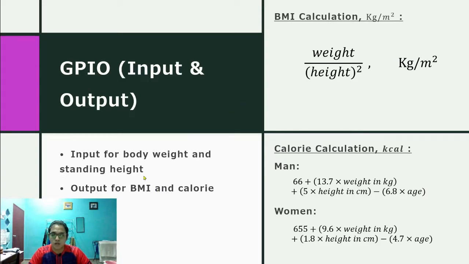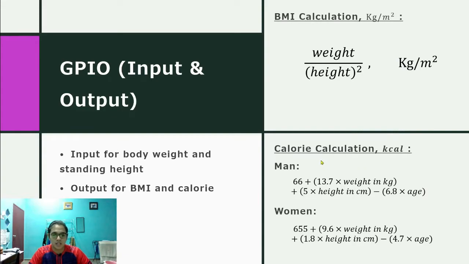To get the values for BMI and calories, we need to declare the formulas. For the BMI, the formula is weight per height squared, for manual calculation, and the unit is kilograms per square meter.